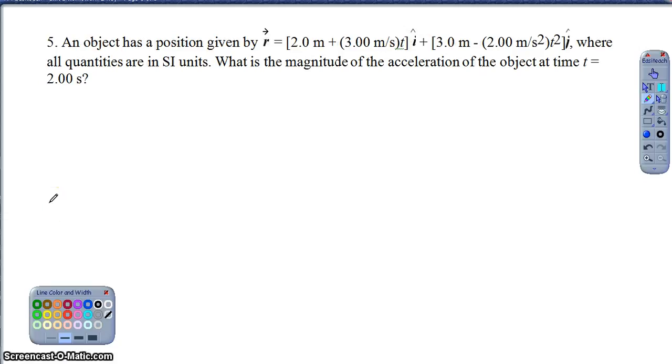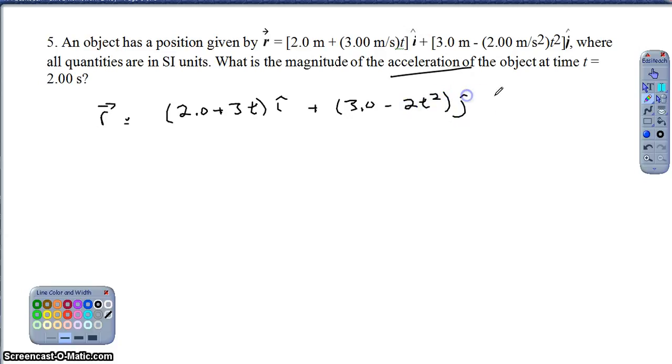Similarly, question 5, very, very similar, except this time they asked me to find the acceleration at 2 seconds. Again, they give me my position function, not quite the exact same, but very similar to what we just had. So this time my horizontal position is 2 plus 3t, and then my vertical position is 3 minus 2t squared.